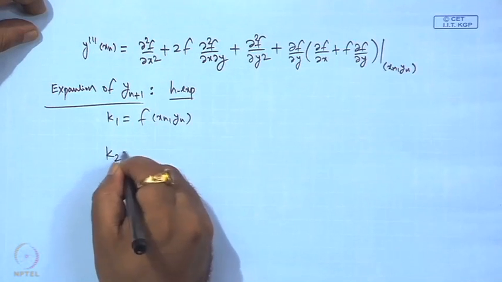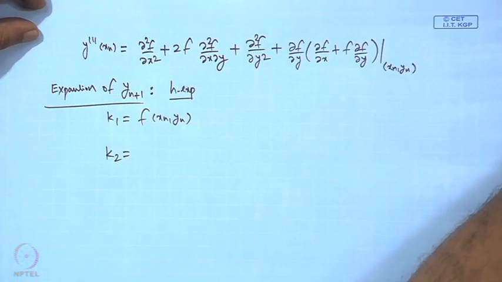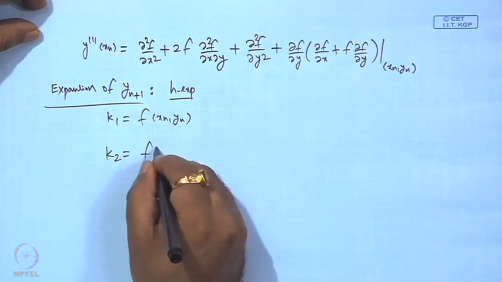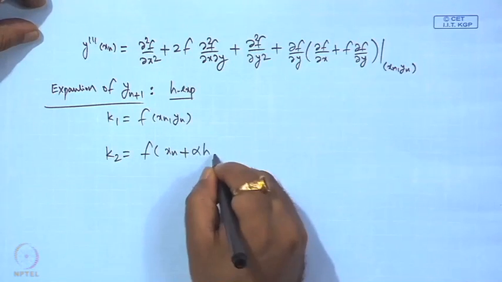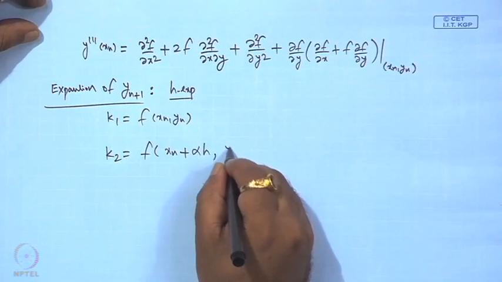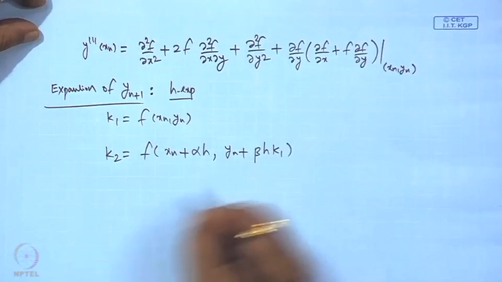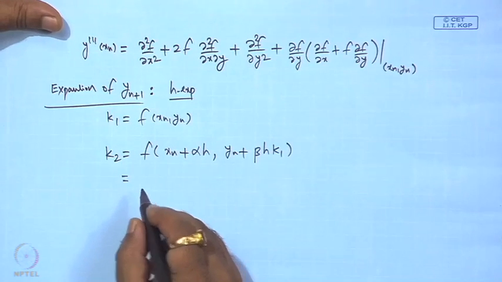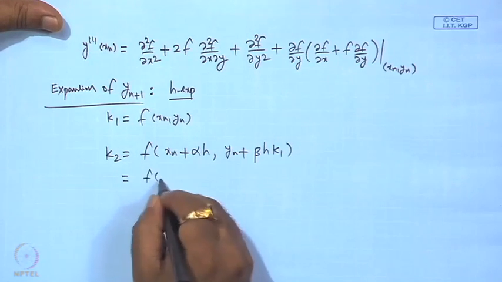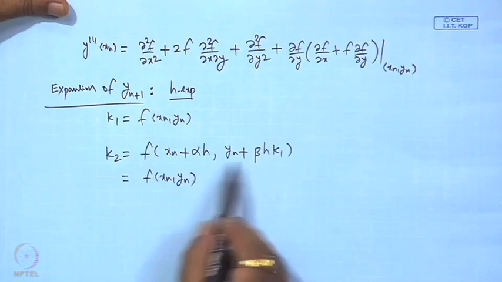k 1, there is nothing. k 2, it is better to write the form of k 2. Okay. f of x n plus alpha h, y n plus beta h k 1. Okay. So, this is f of x n, y n. So, it is a 2 variable Taylor series expansion.